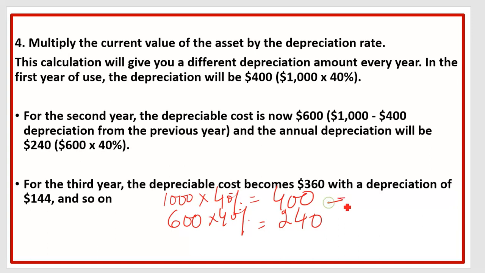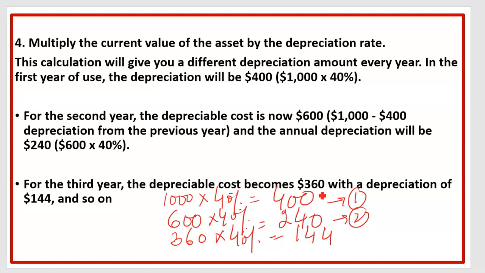So this is the depreciation for the first year, this is the second year, and in the third year, 600 minus 240 is equal to 360, right? And then 40% of 360 is equal to 144. So this is the accelerated method.